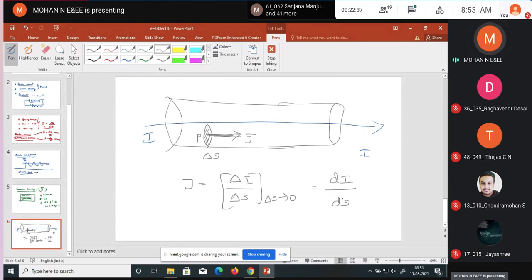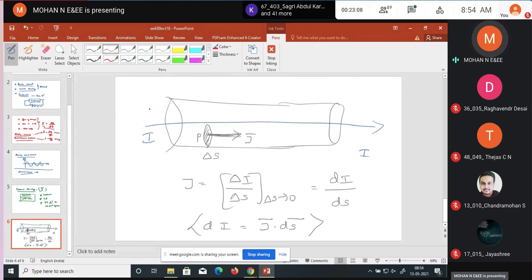The direction of J is the same as the direction of the current flow. Therefore, from this you can write dI as J vector dot dS vector. This is the small current flowing through a small cross section of area dS, expressed in terms of the current density.